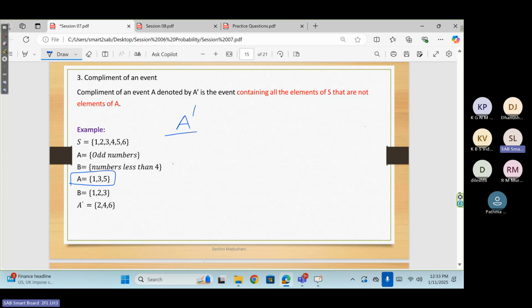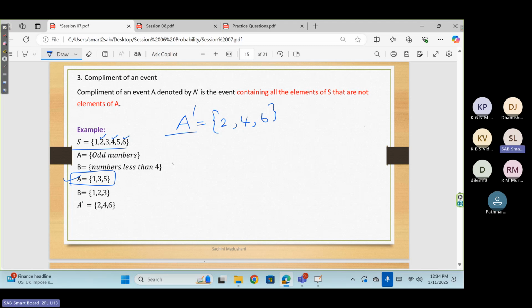These are the elements. Then what are the other remaining elements in the sample space? 2, 4, and 6. Then A dash, or complement of A, means 2, 4, 6. These three elements are in the sample space, but these elements are not included in this event.